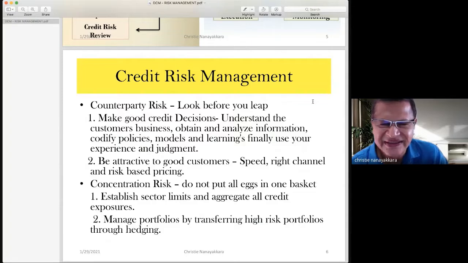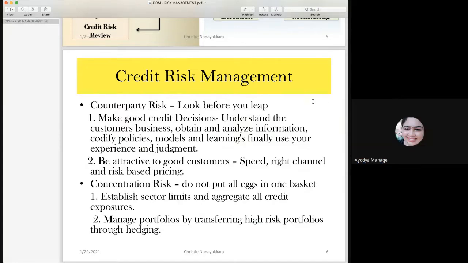Customers who took loans from you have failed to pay because they encountered certain risks in making their repayments. We saw that counterparty risk can be mainly managed by proper evaluation.